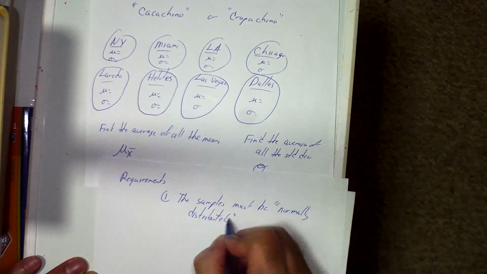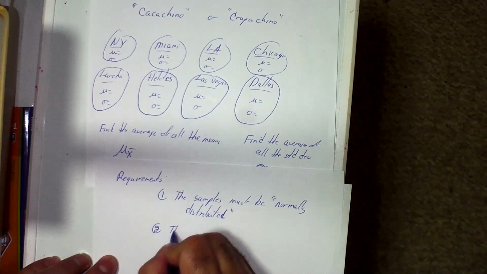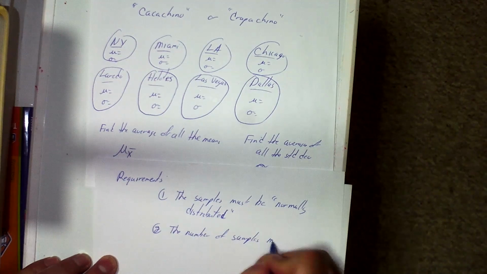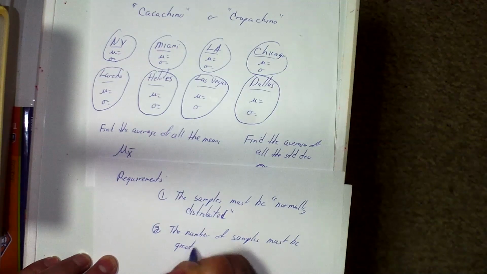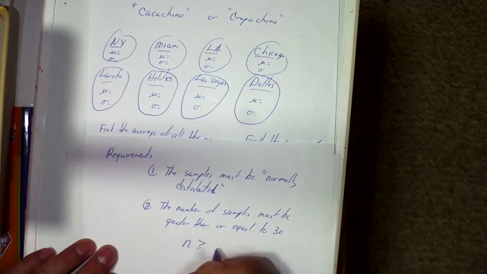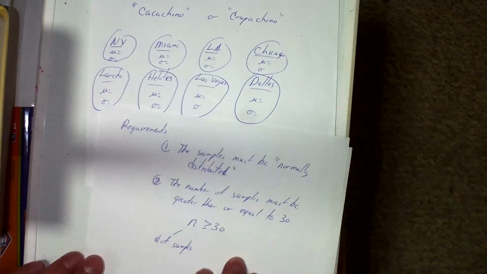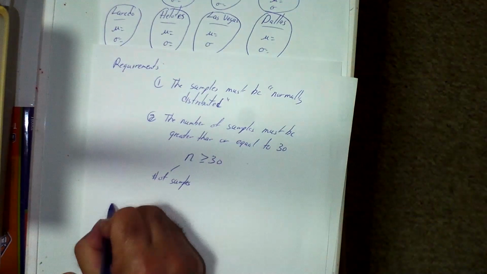And then the second thing is the number of samples must be greater than or equal to 30. This is how they write it. That's what the N is, number of samples. So your N is going to represent number of samples.